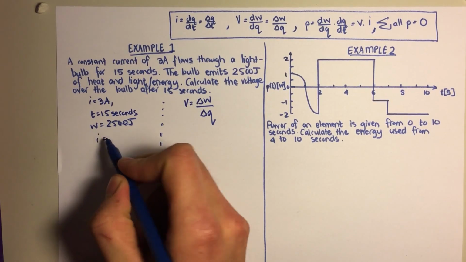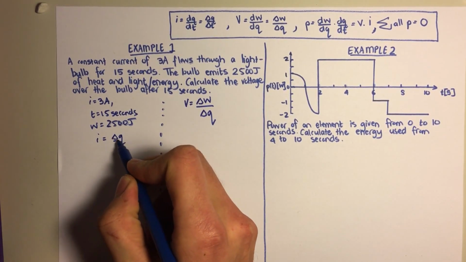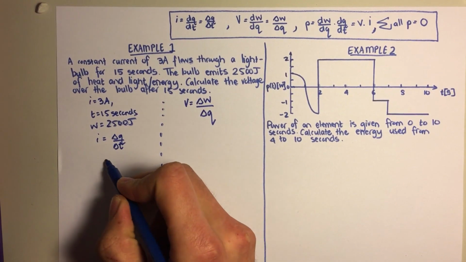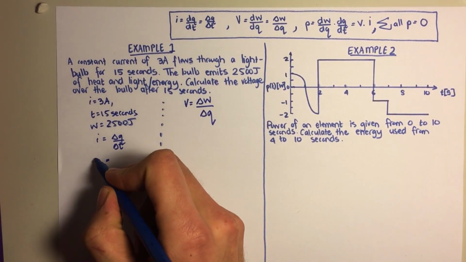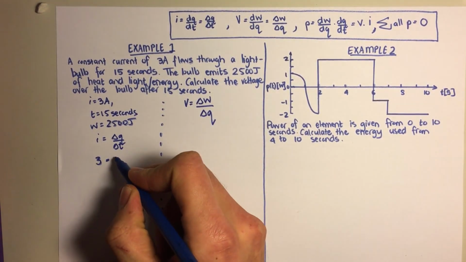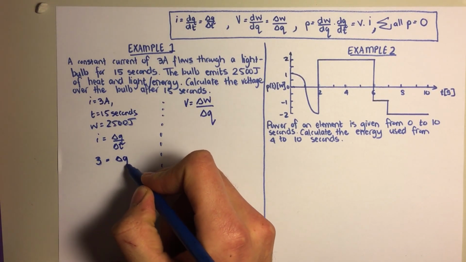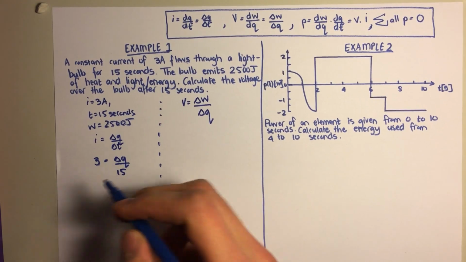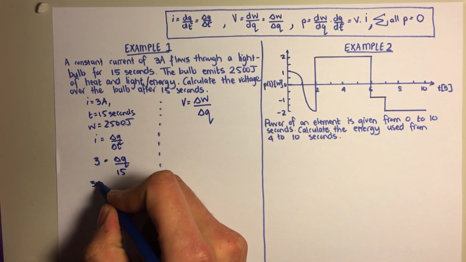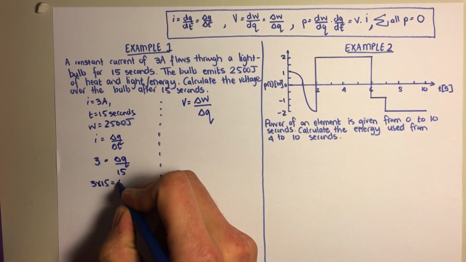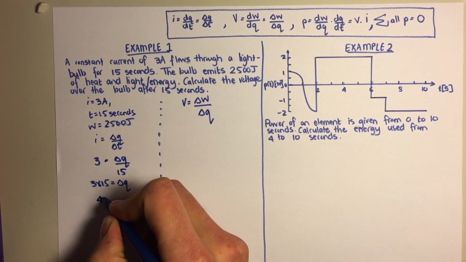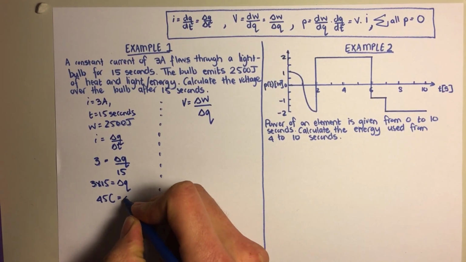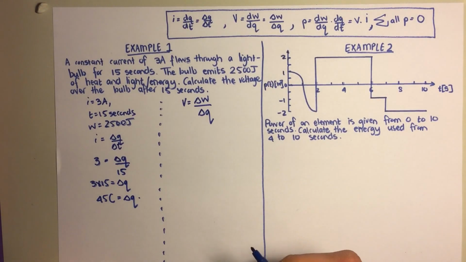So I equals change in Q over the change in T. We have I is 3, and we want Q, and we have 15 seconds. So if I take the 15 up, we get 45 coulombs for Q. Remember, the unit for Q is coulombs.